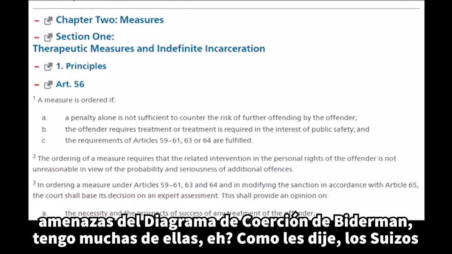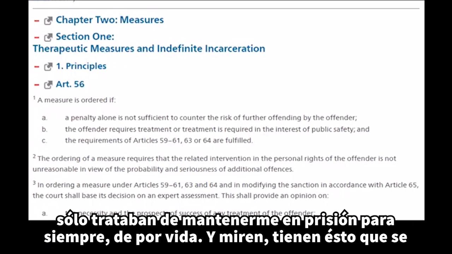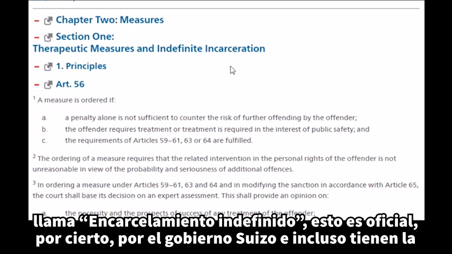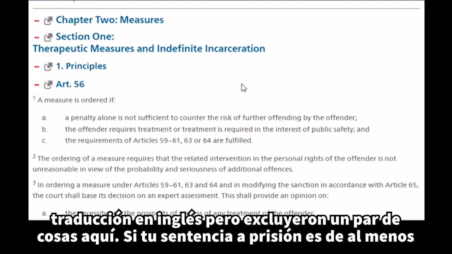So, as I just told you, the Swiss were trying to keep me in prison forever, like a lifer. And look, they got this thing, it's called an indefinite incarceration. I couldn't really find it. This is official, by the way, by the Swiss government. They even have an English translation, but they left out a couple of things here.